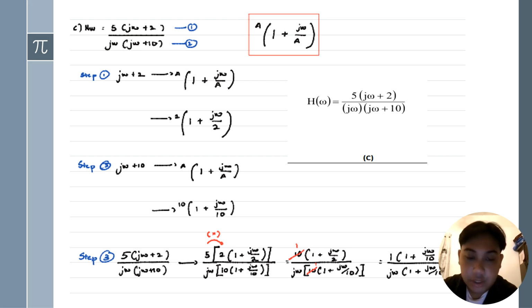Okay, final simplification. Now we substitute this back into the original equation.